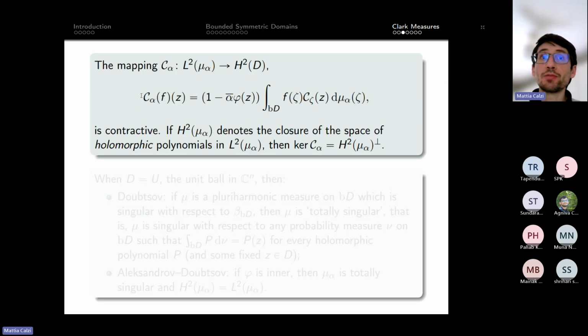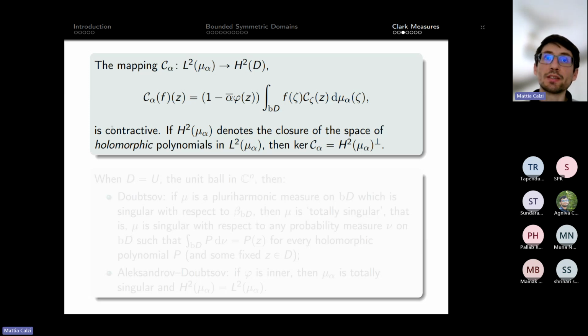And then we may define the normalized Cauchy transform exactly as before. We have the Cauchy-Szegő kernel. We may consider the integral of some function f with respect to mu alpha and normalize it by this function here, which again is the reciprocal of the Cauchy-Szegő kernel in the integral of mu alpha. This mapping is again contractive.